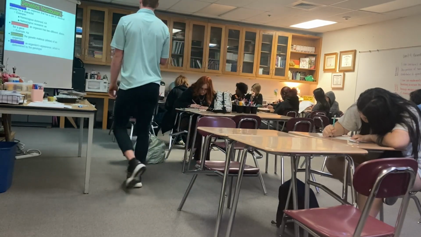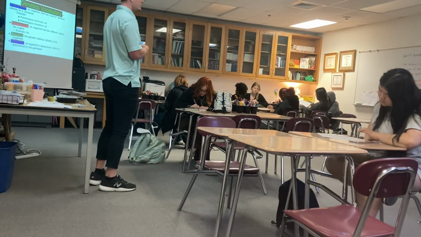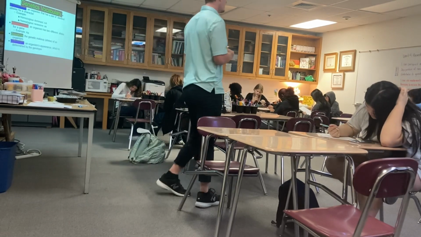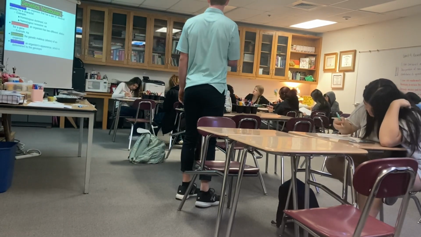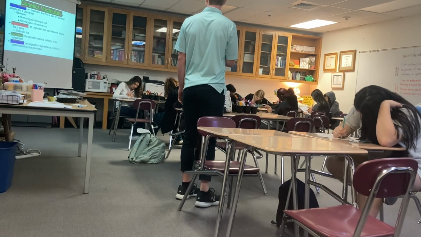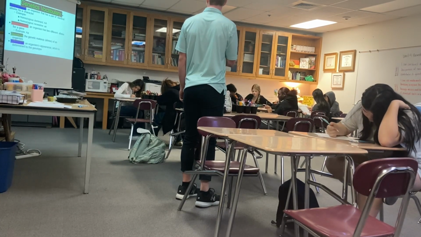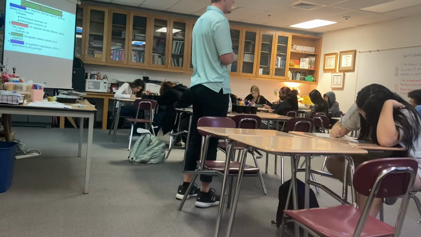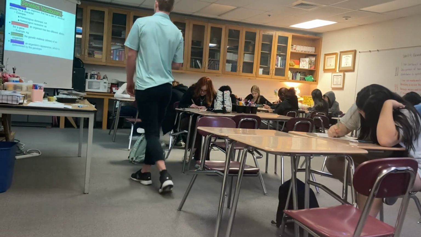Same thing for homozygous recessive, that just means we have 2 recessive alleles, which are represented by 2 lowercase letters. And heterozygous means they have 1 of each allele, and that's just represented by 1 uppercase and 1 lowercase.